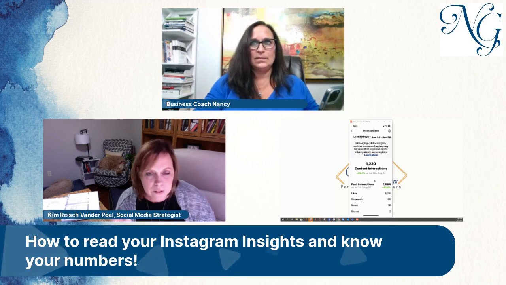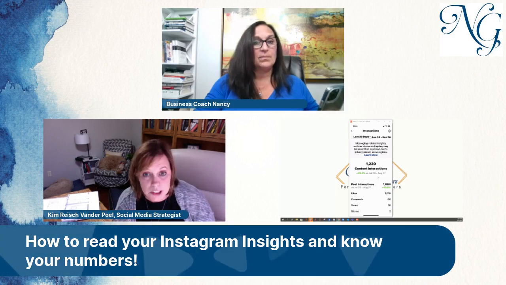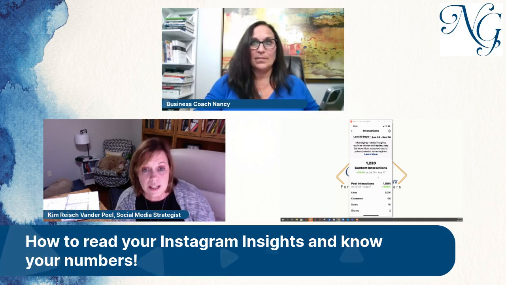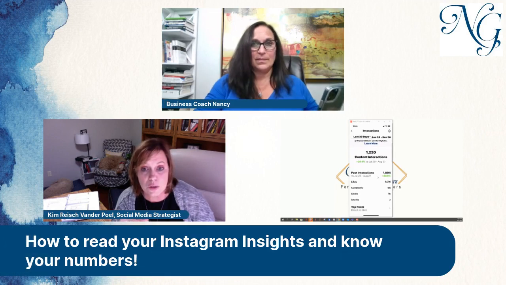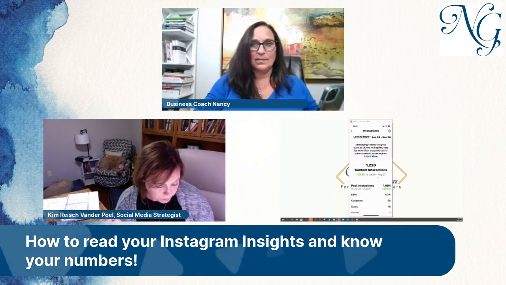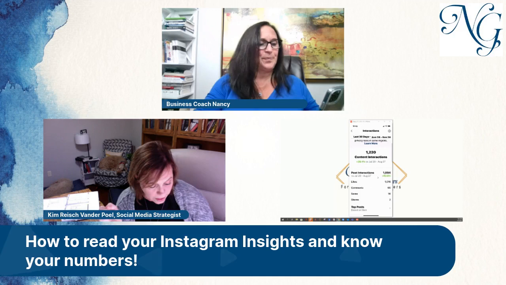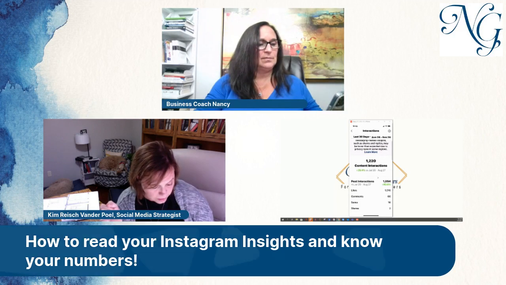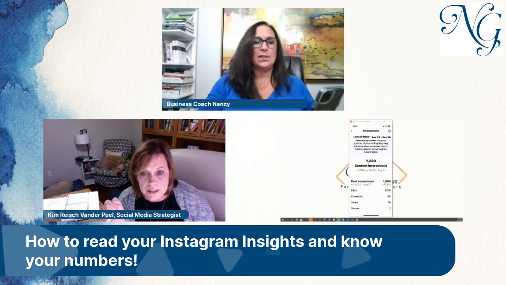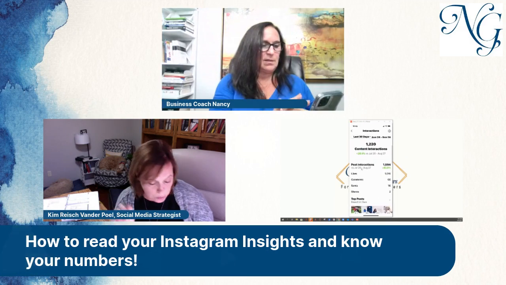So about 1/3 of your content is being interacted with, which is phenomenal. That is great news. That means that the content that we're posting is engaging with the audience that we want. So if you hit content interactions, yep, you're right where we need to be.